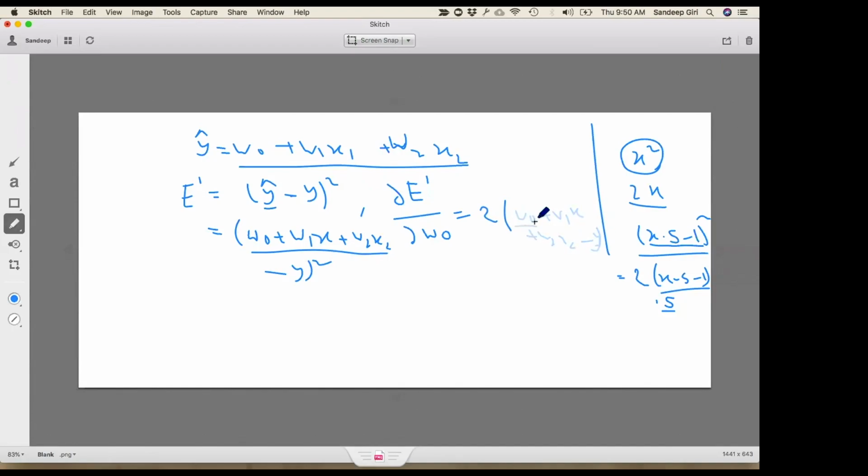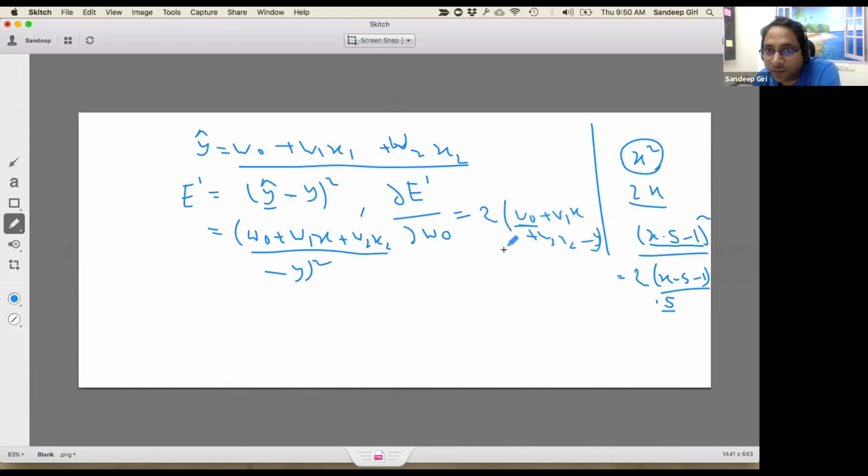Since W naught doesn't have a coefficient, it'll be like this. If we differentiate it with respect to W1, what will happen?